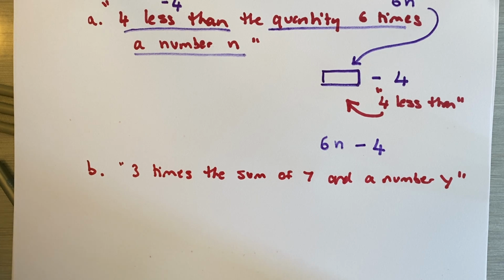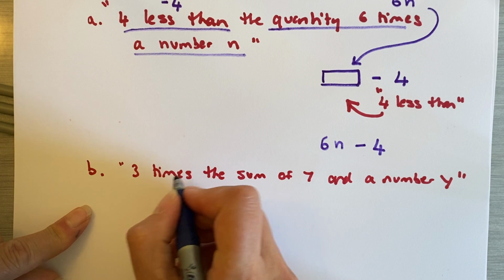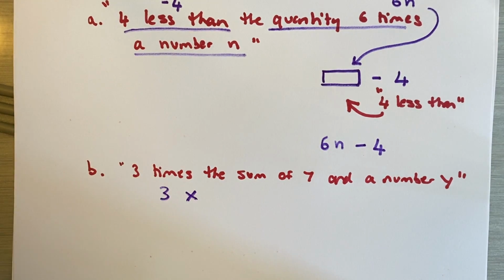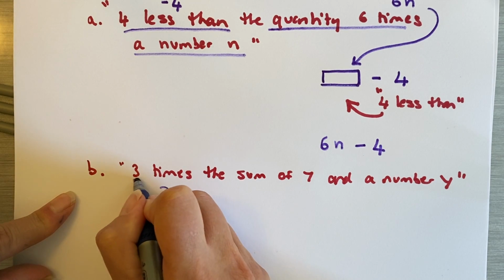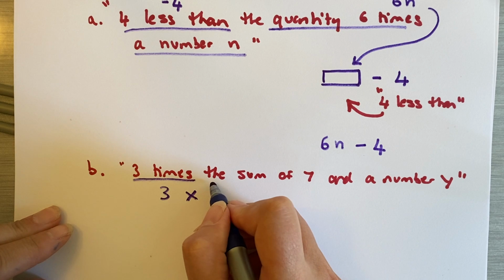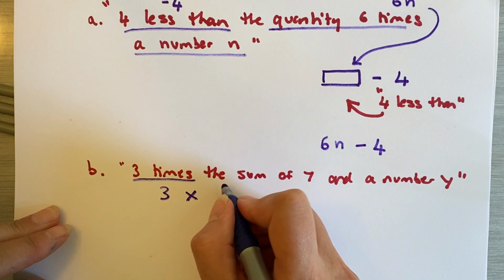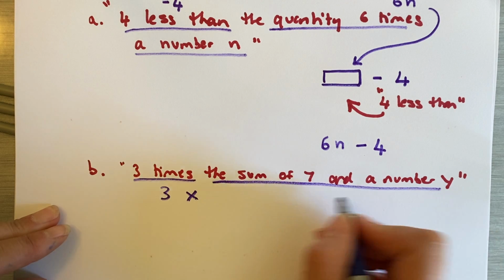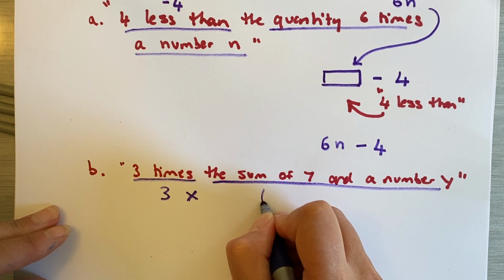Awesome. Well, God willing, you did what I asked. And we're going to dissect this. 3 times. Well, that's easy. We know what that looks like. We have 3 times the sum of 7 and a number y. What's the sum of 7 and a number y?